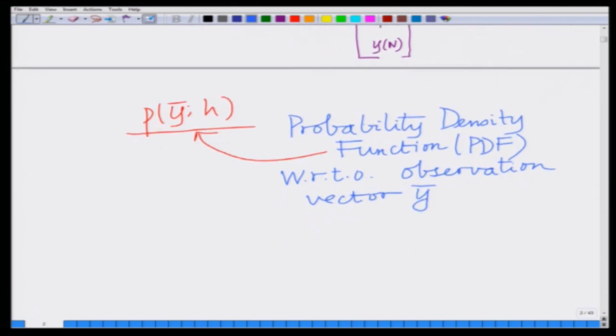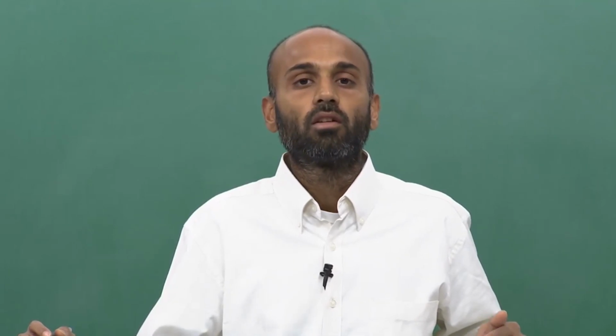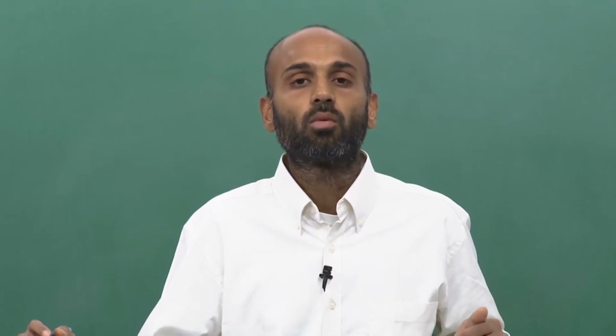So, recall that this likelihood function is nothing but the joint probability density function of the observations y1, y2 up to yn, parameterized by the unknown parameter h.